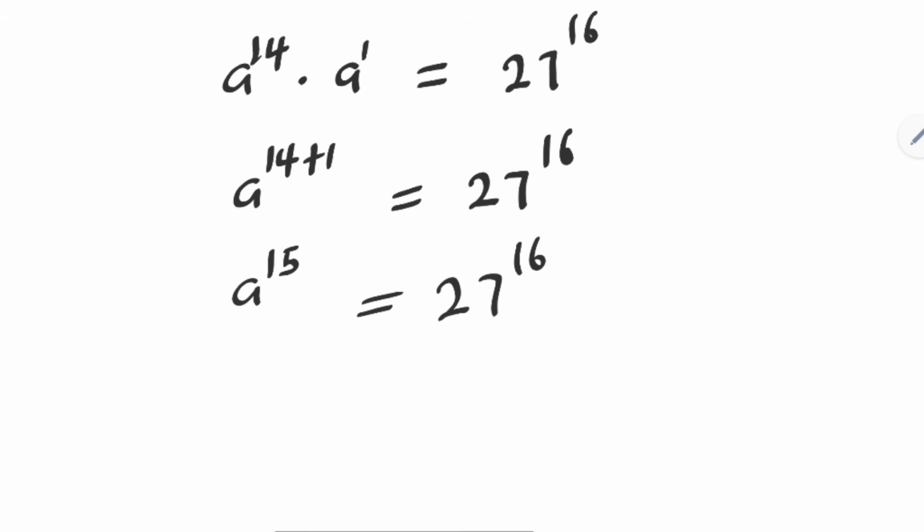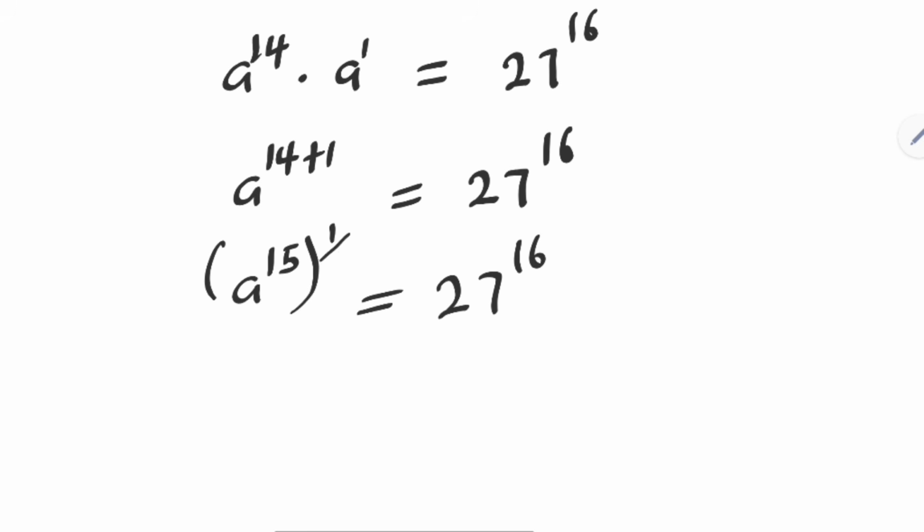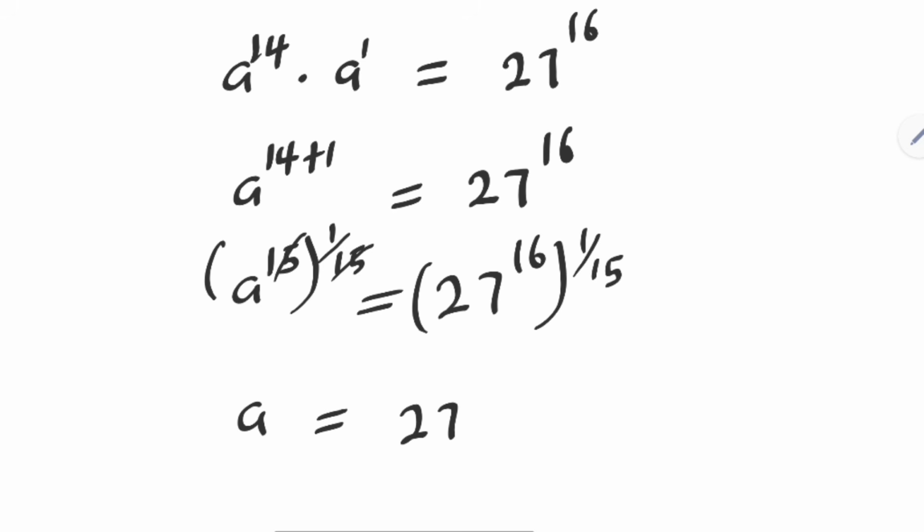Then let us multiply the exponent of both sides of this equation by 1 over 15. This multiplied by 1 over 15. So this cancels this. A is equal to 27 to the power of 16 over 15.